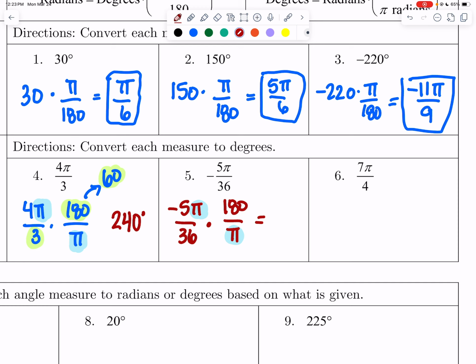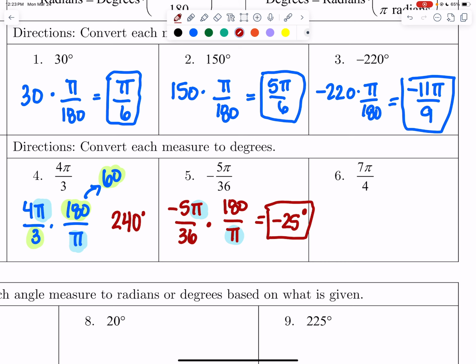Just kidding. If you do 180 over 36, you'll get 5. And then we still have this 5 right here. So this would be negative 25 degrees.